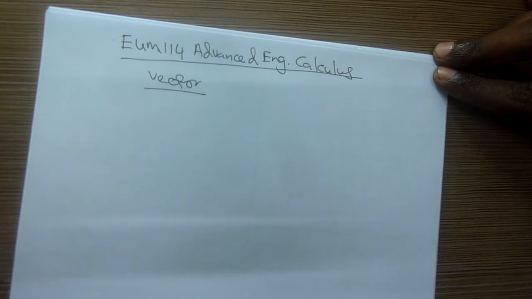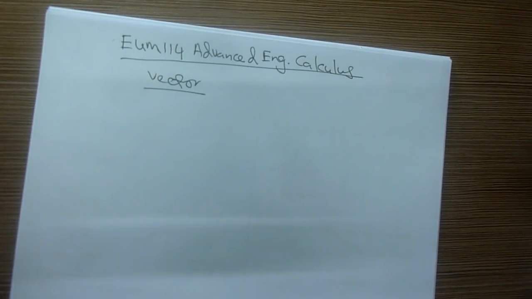Now we're going to learn vector, and after that you're going to learn matrix. Okay, vector is one of the very challenging topics, and in order to solve vector problems, you are required to have a very good visual understanding.